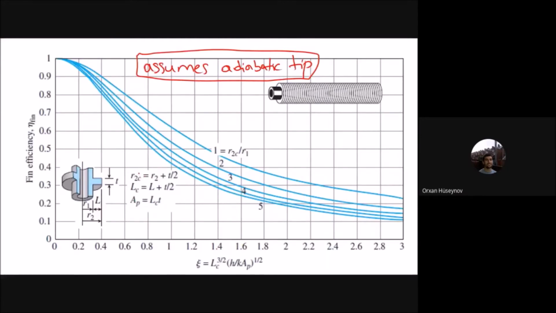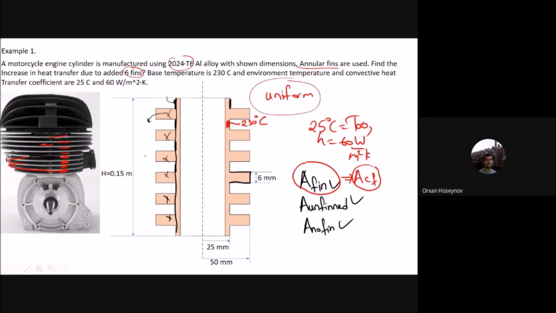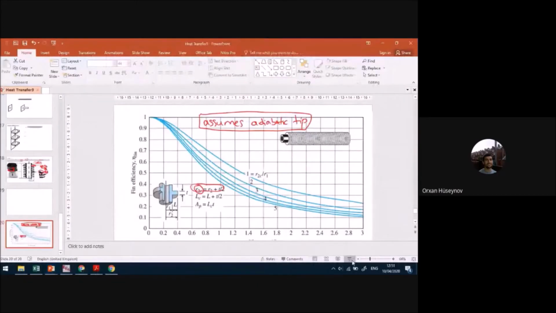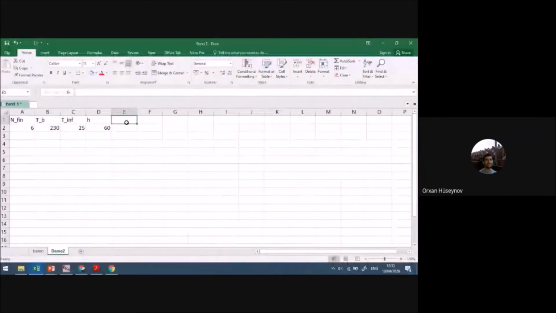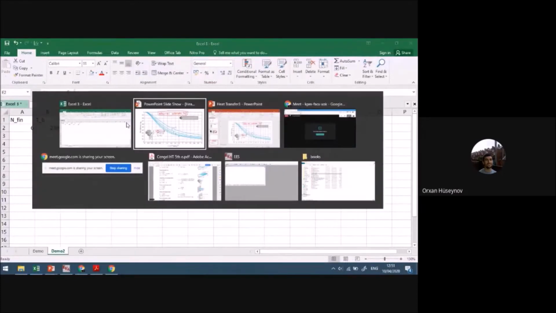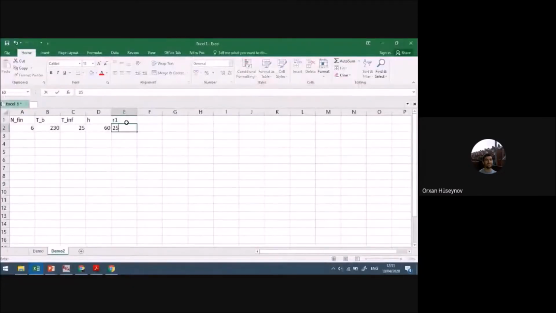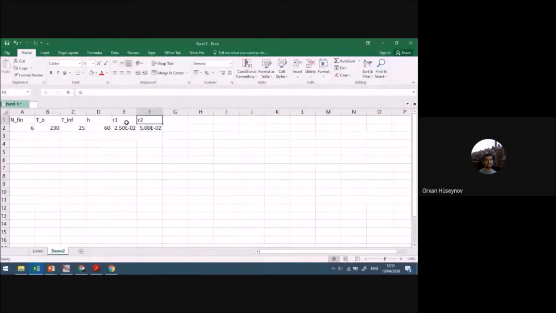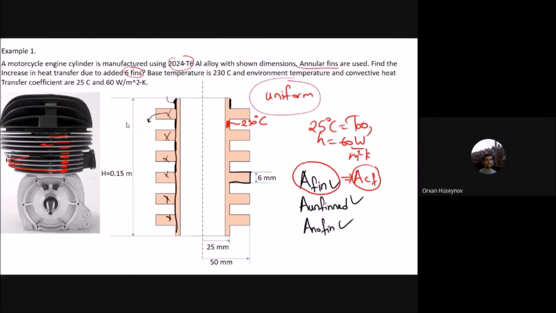Let's calculate it. We will add the correction to the radius, which is R2C, and then we will calculate the fin area. So let's calculate first the R2C in Excel. First of all, let's write R1. The R1 value is 25 millimeters, and R2 is given in millimeters.